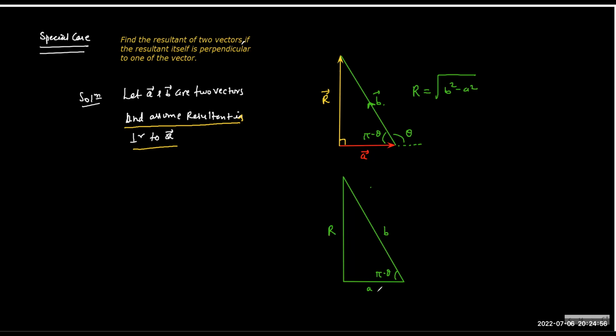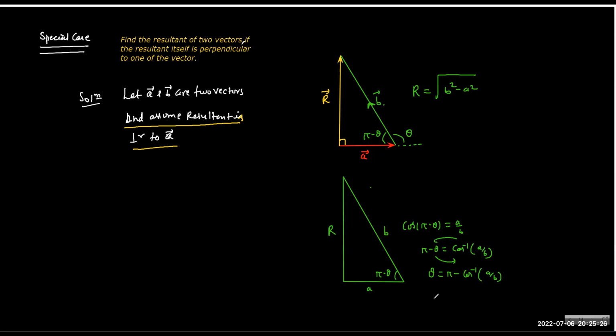What is the relationship between A, B and theta? Cos of (180 minus theta) equals A upon B. Excellent. So pi minus theta equals cos inverse A by B, and we can write theta equals pi minus cos inverse A by B. Just rearrange.